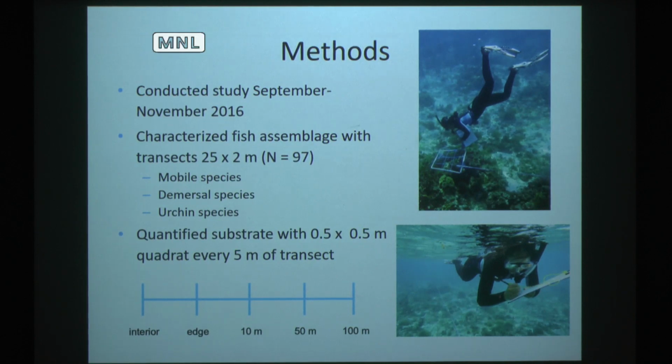So every 5 meters of the transect after the visual survey was conducted, I used quadrats to quantify and categorize all the substrate and to get a better idea of the macrophytes that were present, as well as the presence of any hard substrate. And this was done using the design that I just explained in the previous slide.